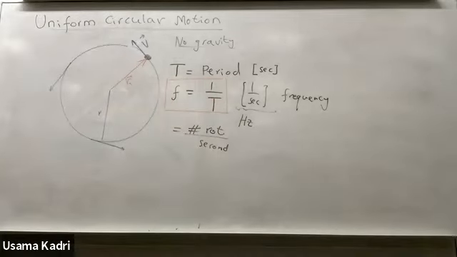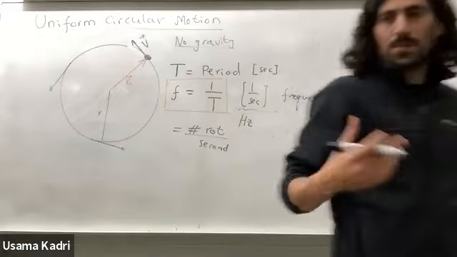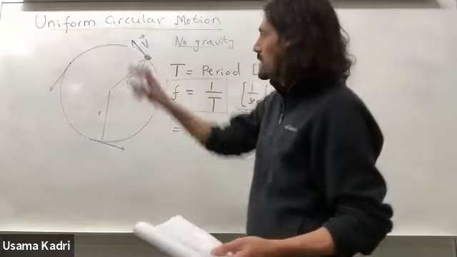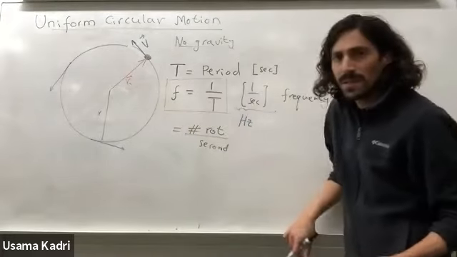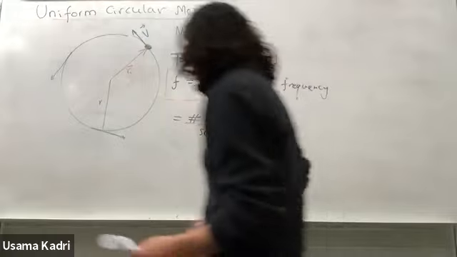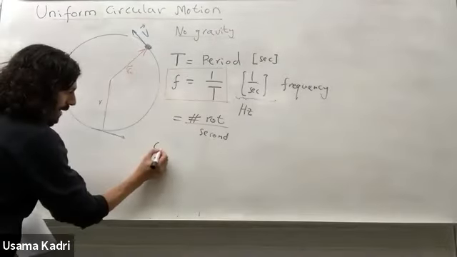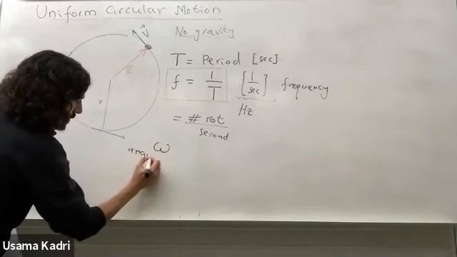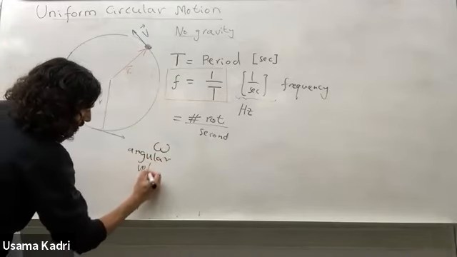Now, because we talk about the circular motion, it's more convenient to talk in terms of angular movement. So instead of this velocity, we can define the angular velocity. That would be omega. This is omega now, and this is the angular velocity.